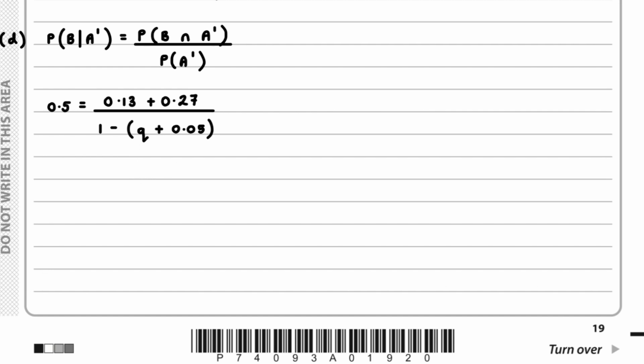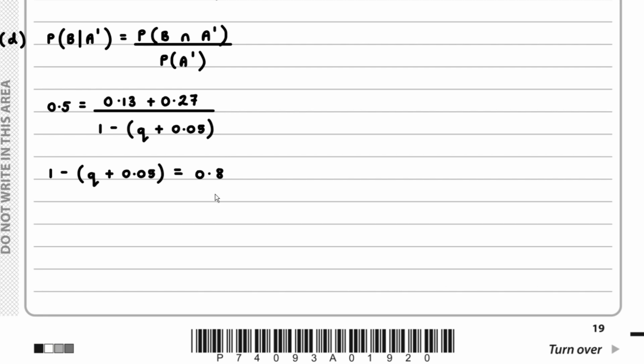So let's try to simplify this. Well, simplifying, we would have 1 subtract Q plus 0.05, which is equal to 0.5 divided by 0.4, which is 0.8.